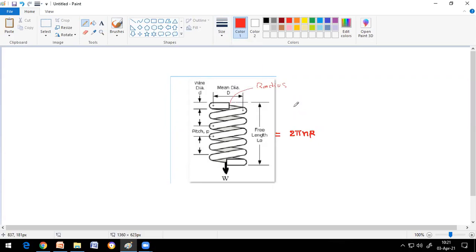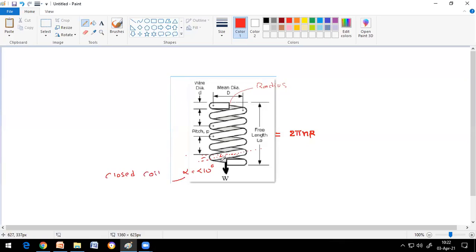The next thing is, how can we differentiate open coiled and closed coil? If you see the helix axis of the spring, this is the helix axis of the spring. The angle of the spring, denoted with the symbol alpha, if it is less than 10 degrees, we represent it as a closed coil helical spring.